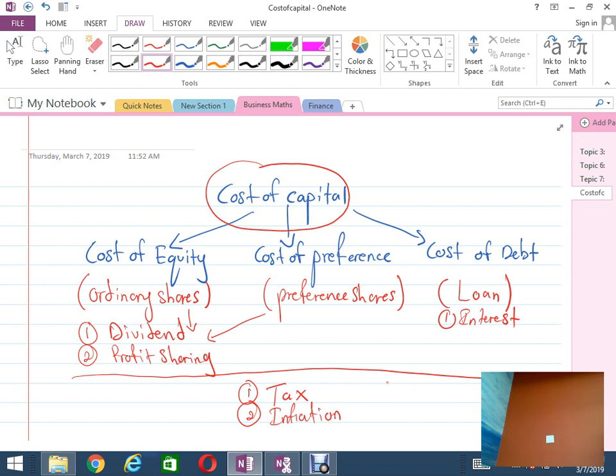So the difference between today and after 5 years, that is the cost. You need to include it now. Because the value is going to reduce, you need to cover up the value that will reduce in the next 5 years. So that will be the inflation. It's a cost for us, so you need to include it.